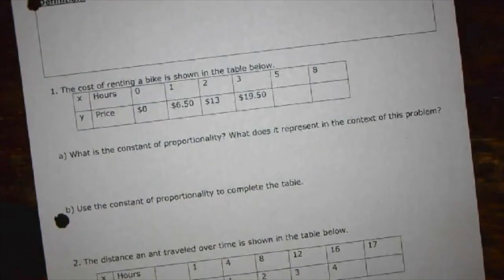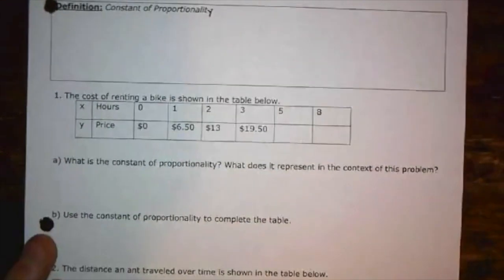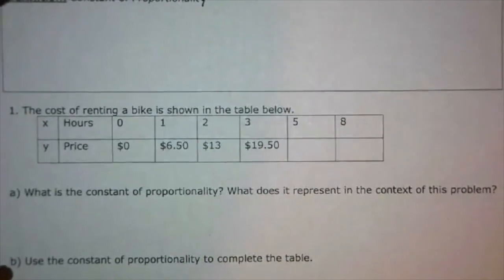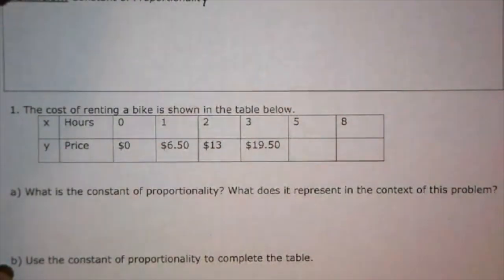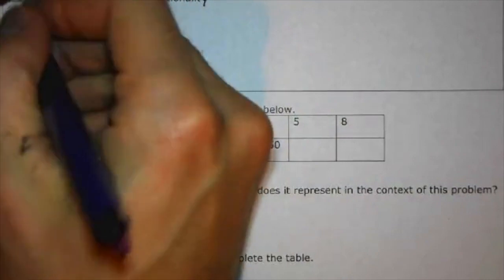And so that's what we're looking at when we're talking about constant of proportionality. We're interested in that number that defines a proportional relationship. And that number is called the constant of proportionality. Let's define it.